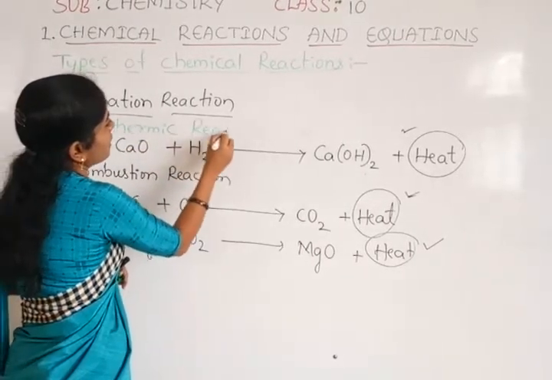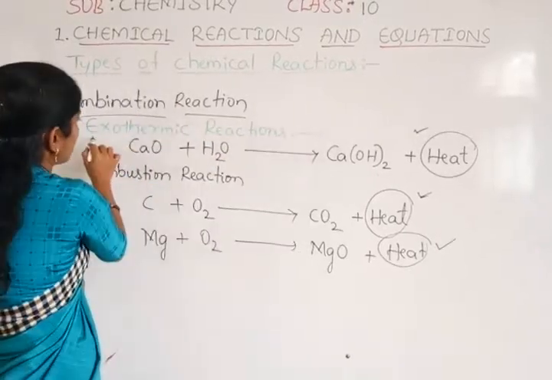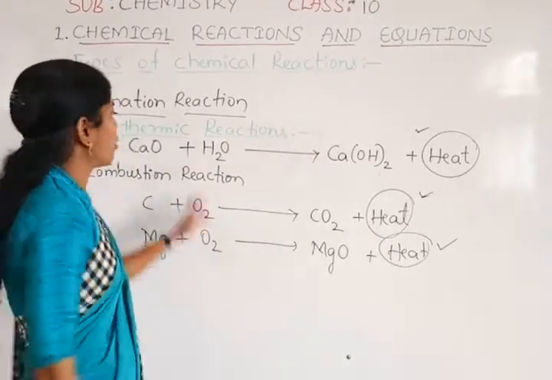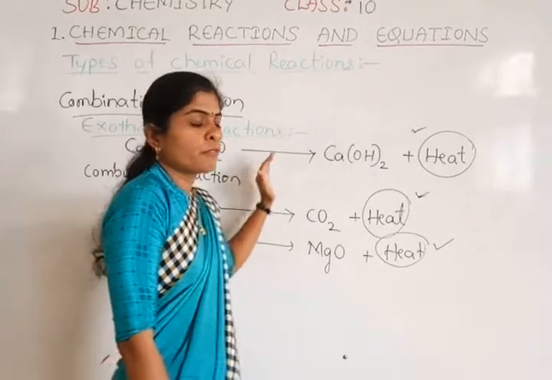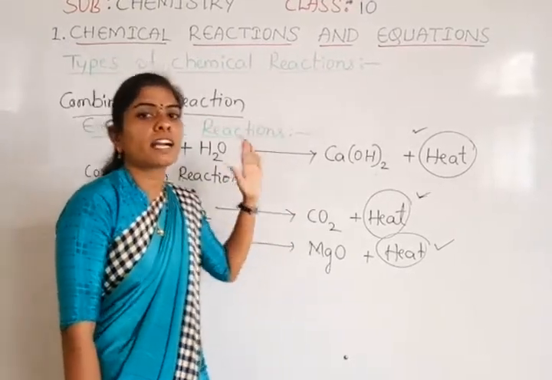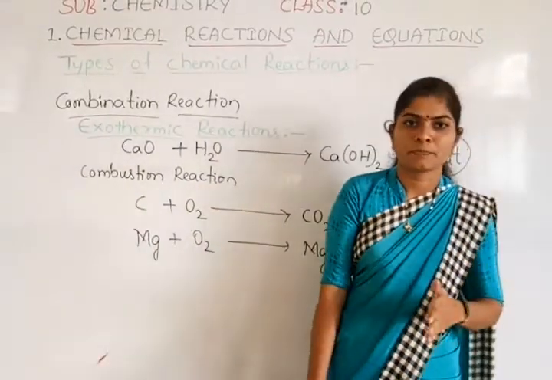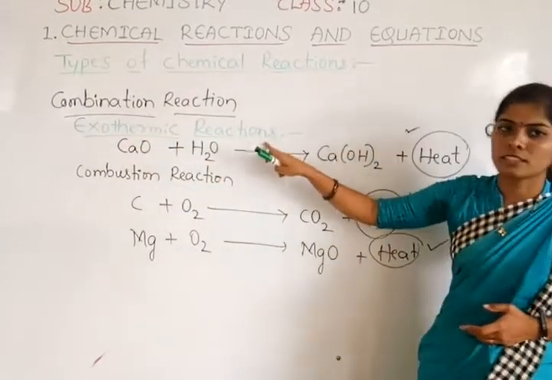Exothermic reactions. So, listen carefully. One more time I will repeat the definition of this exothermic reaction. If the chemical reactions are accompanied by the evolution of heat, then we can call them as exothermic reactions.